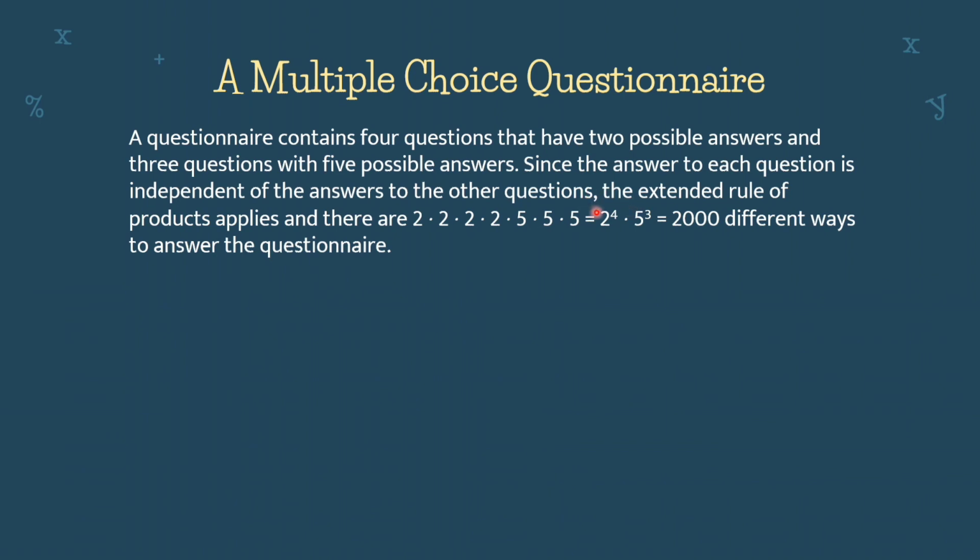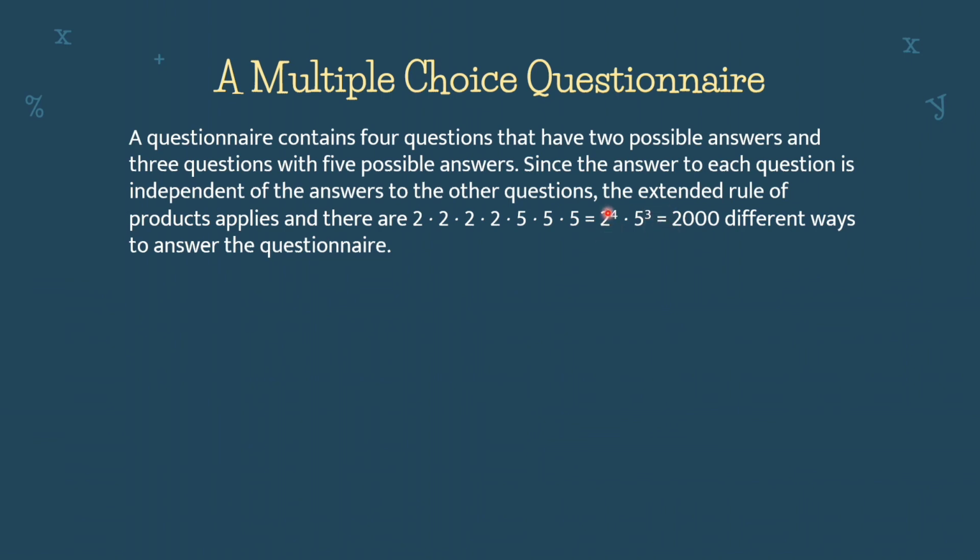Or, pwede rin ganito siya: 2 raised to 4 times 5 raised to 3. And then, we have to multiply muna yung 2 4 times, and then yung 5 3 times.